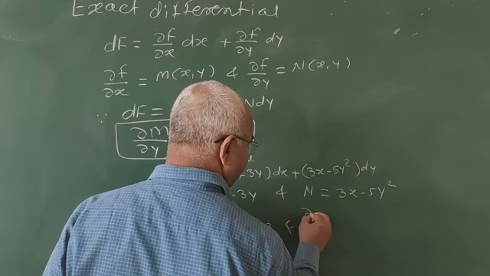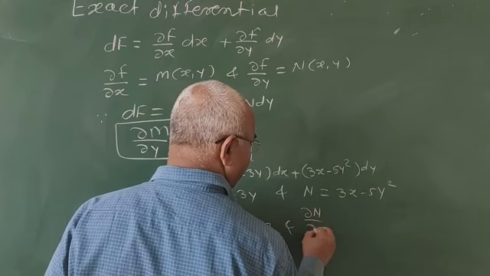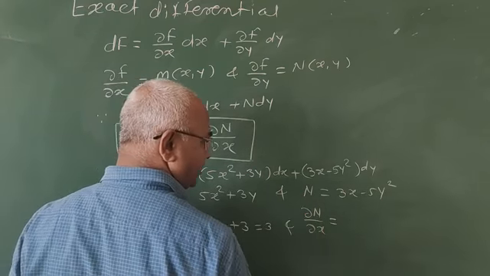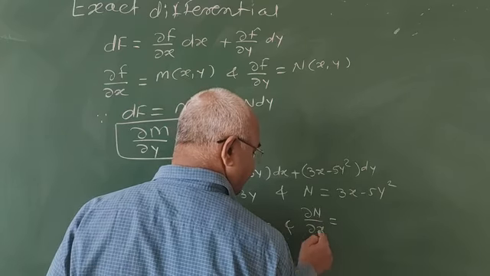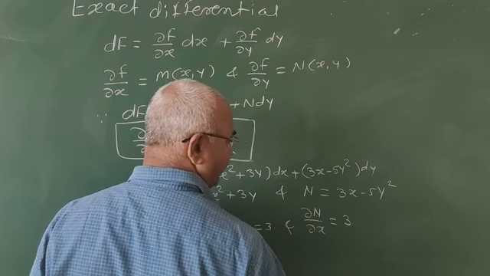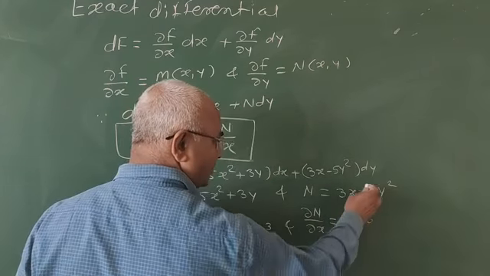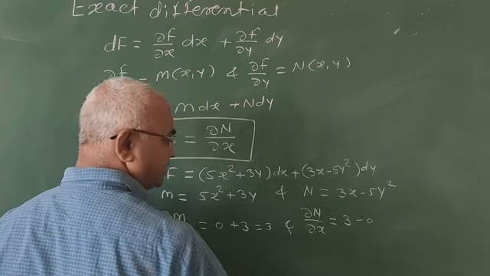Similarly, ∂N/∂x is equal to partial differentiation of first term 3x, here x is variable, therefore 3. Second term minus 0 because y is constant in this case.